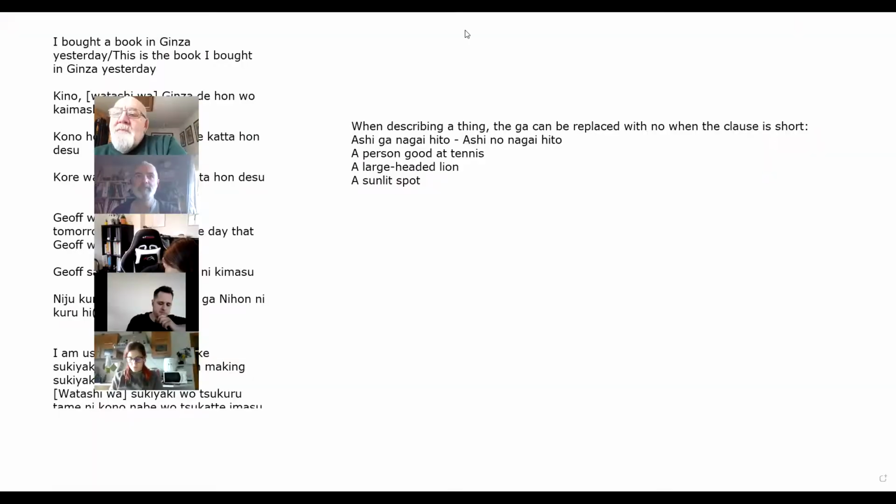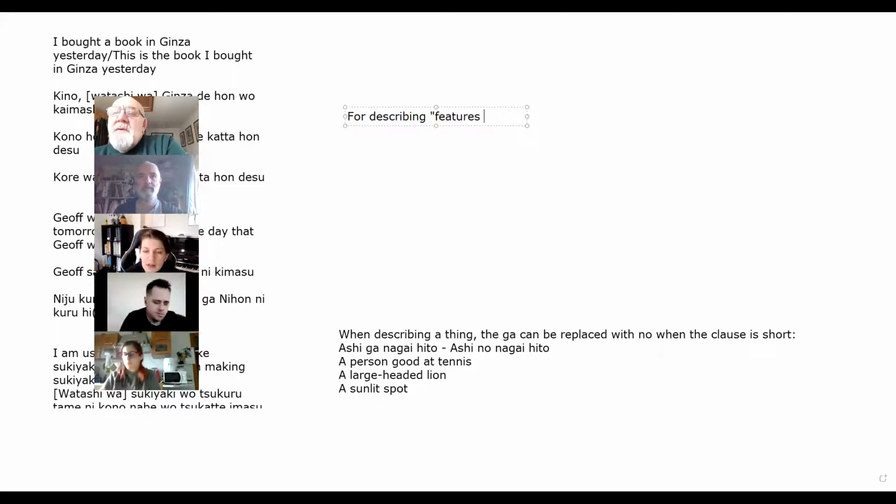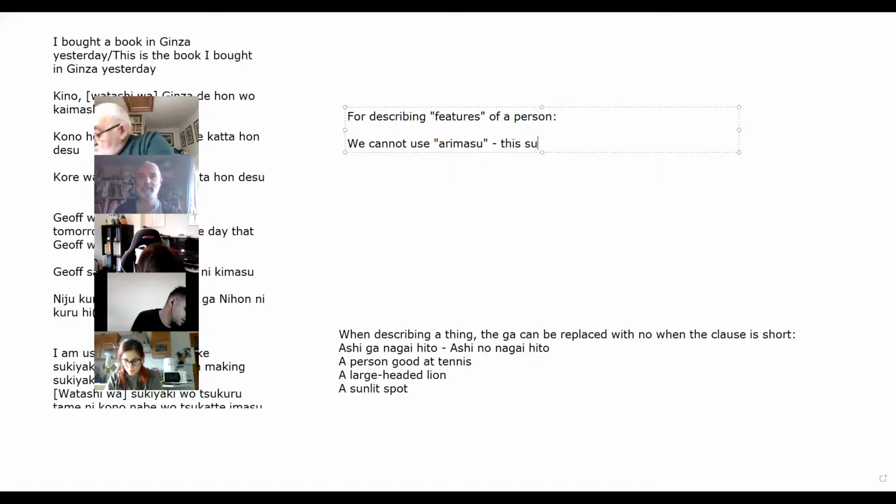Everybody okay so far? Let's just get this down on paper, shall we? So for describing features of a person, we cannot use arimasu, because this suggests that that feature is not alive, e.g. a nose.